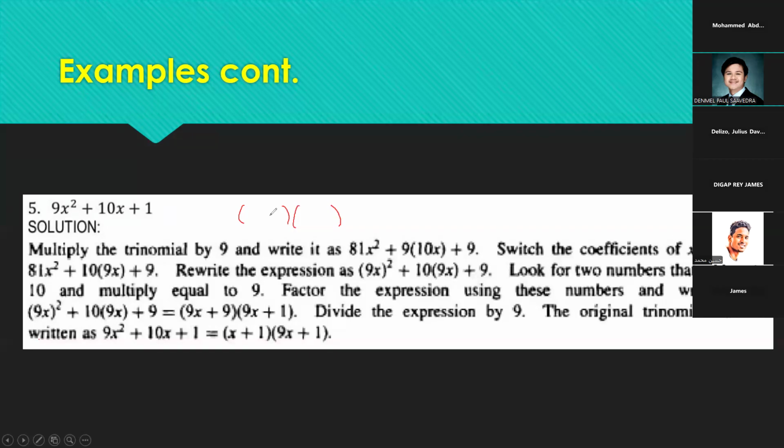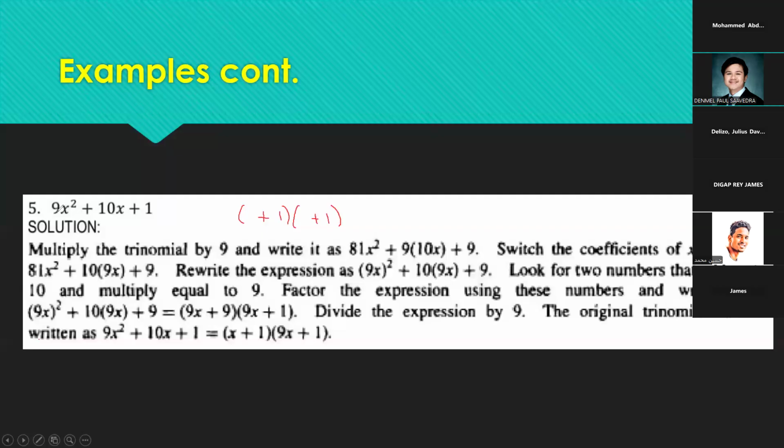So first, we can get the numbers at the last: what could be that number that, once we multiply to the last one, will give us 1? I think that is 1 and 1, correct? Yes, one and one. Now, for the sign, we can already assume that everything is plus, so we already write that since we don't have a minus sign in here.